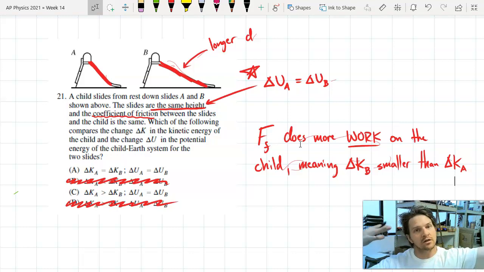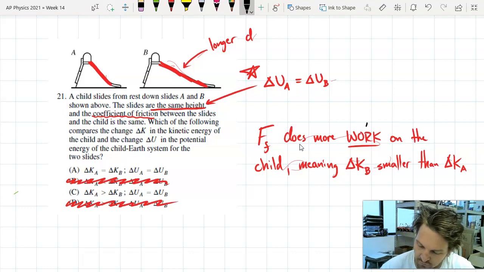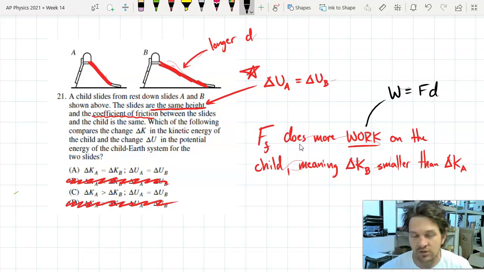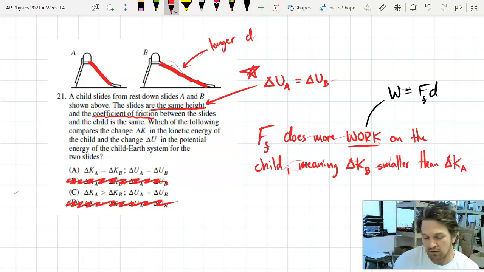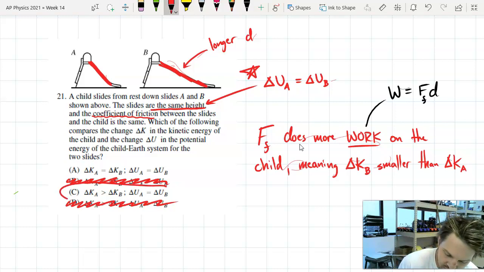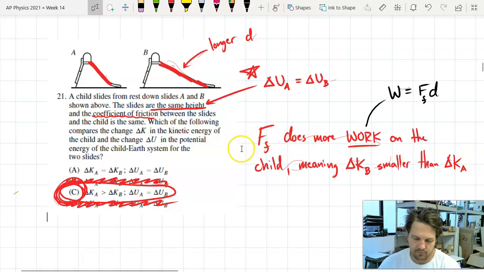It had a longer length of the slide for friction to take energy away from the child. If you want to think about that mathematically, remember the equation for work is force times distance. So because there's a longer distance for slide B, there's more work done by that friction force, which takes energy out of the child. So the kinetic energy of A is going to be greater than the kinetic energy of B. So that answer looks like C right there. All right.